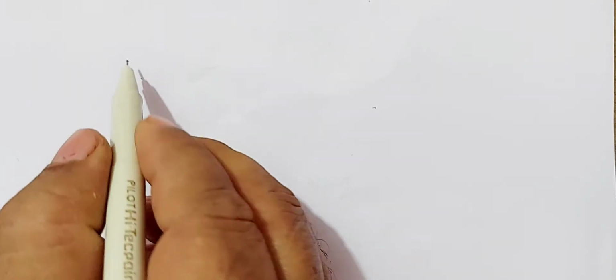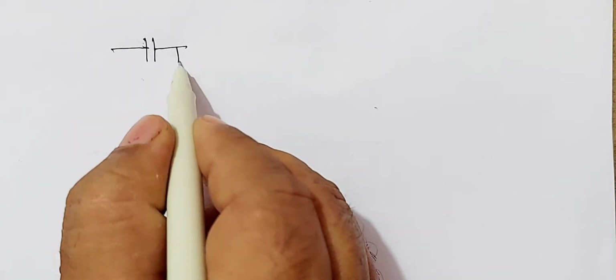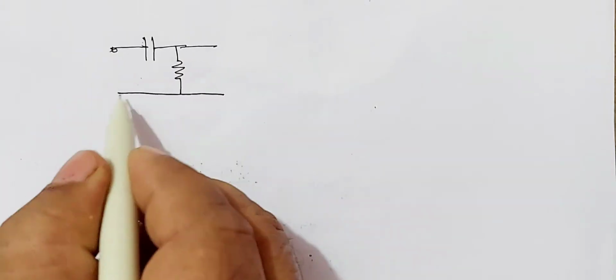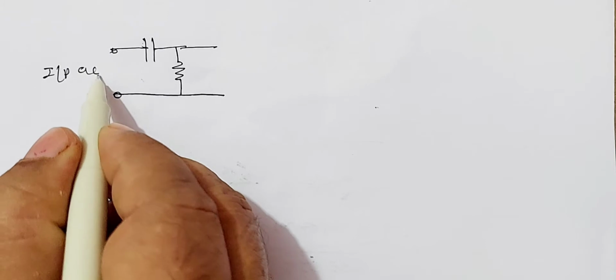How do you get a filter circuit? It's a very simple circuit. See this figure. A capacitor is connected in series. A resistor is connected in parallel to the input voltage. This is our input voltage, this is our AC voltage.